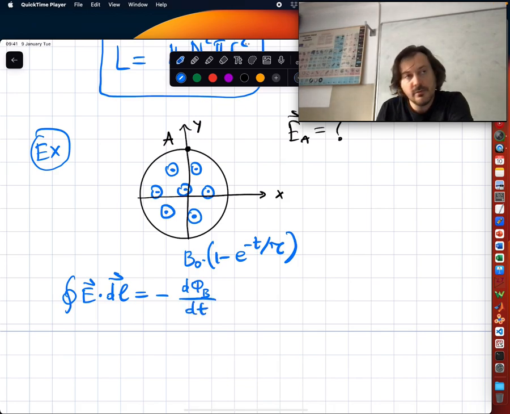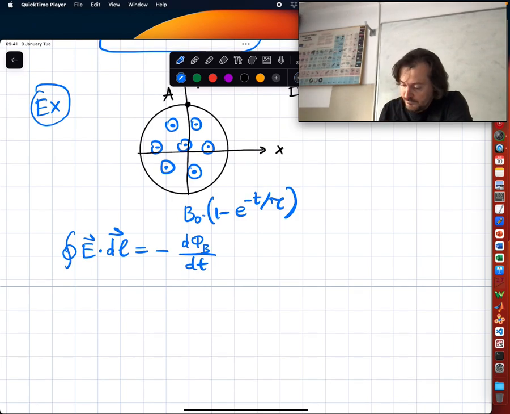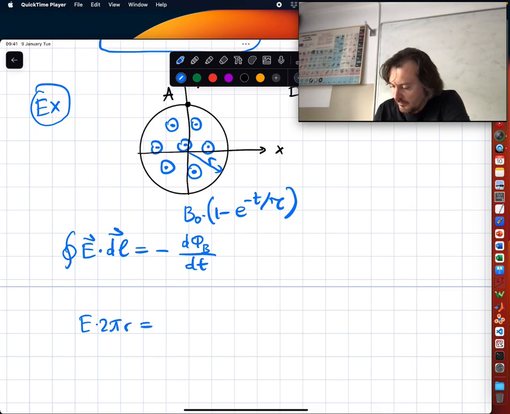So far, so good? So, this distance is r. I didn't mention that, I guess. E times 2 pi r must be equal to. With this minus, we will come to understand what this minus means. But let's first keep everything plus.